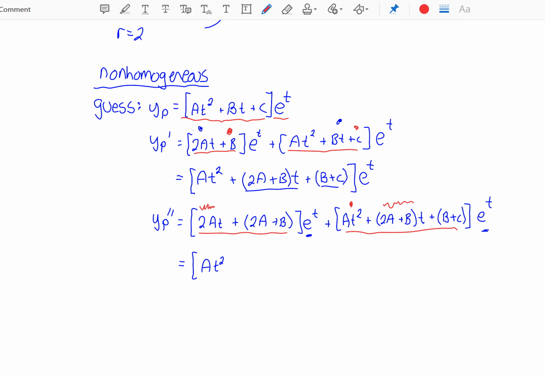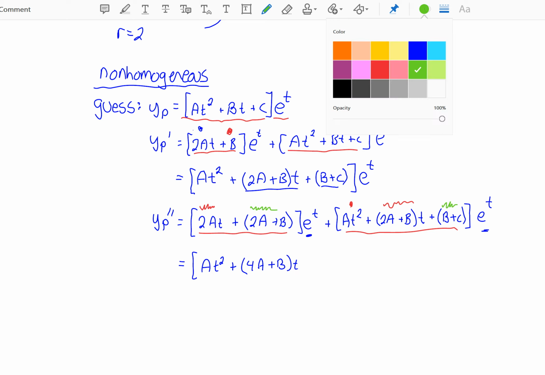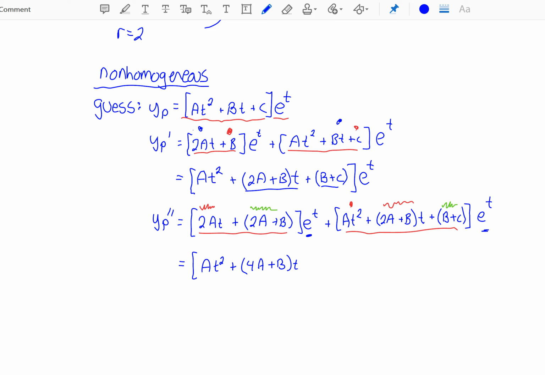And if you combine those together and factor out the t, I think you're going to have a plus 4a plus b times t. And then let's grab our constant terms and combine those together. I think we'll get a 2a plus 2b plus c, and all this is times e to the t.